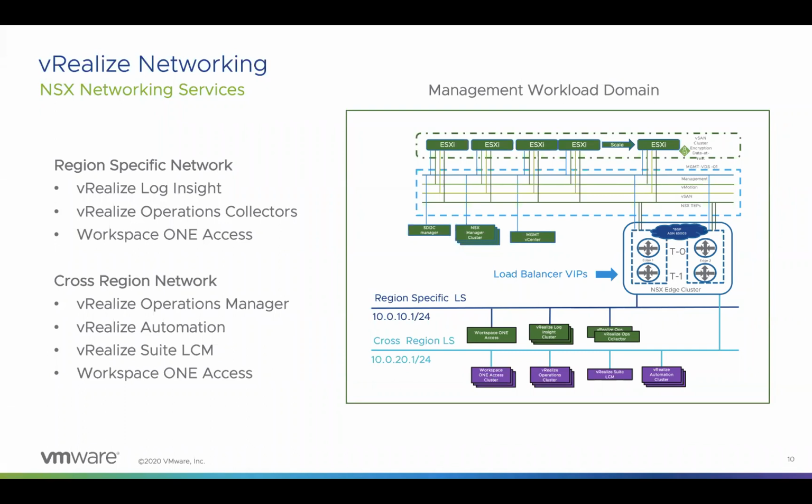Why can't we use a single one? As I explained earlier, that is why we need the cross region. I want to protect these components for disaster recovery and business continuity, so that I can fail over these VMs to the other site when this site fails.